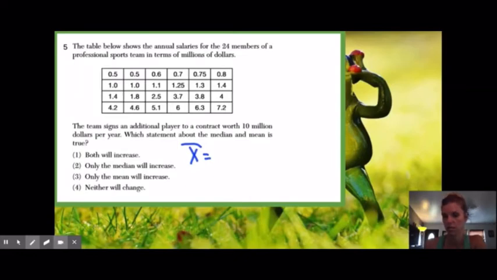You should be typing these in your calculator at the same time. I know y'all can text faster than I can, so you might be done already. All right, when I added all these up, I got 61.5 million. 61.5, I'm going to divide it by, there's a total of 24 people.